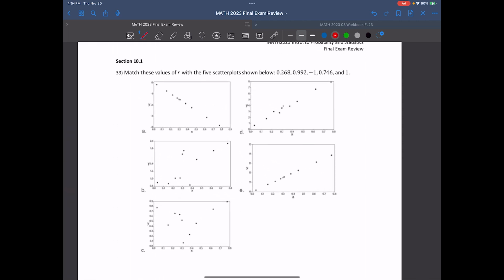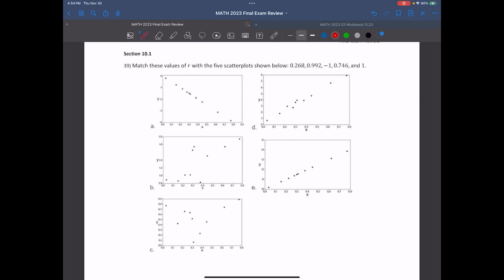In 39, we're asked to match the values of the linear correlation coefficient R with the 5 scatter plots. Remember, the closer it is to a straight line, the closer it'll be to 1. This one is decreasing, so we're looking at -1.